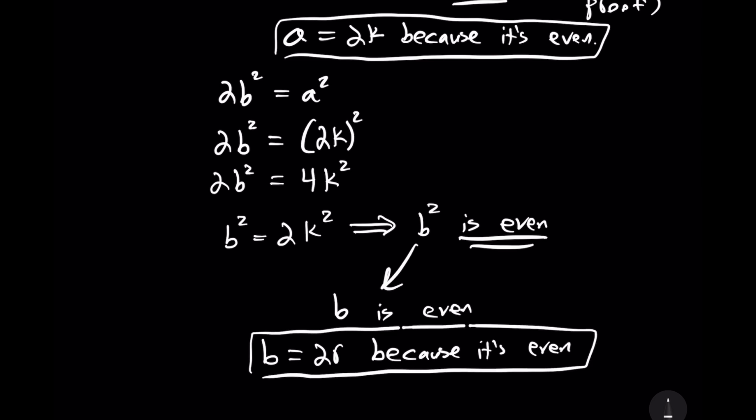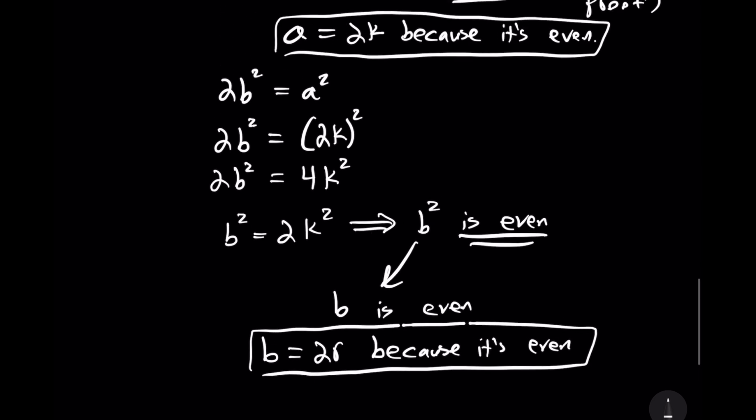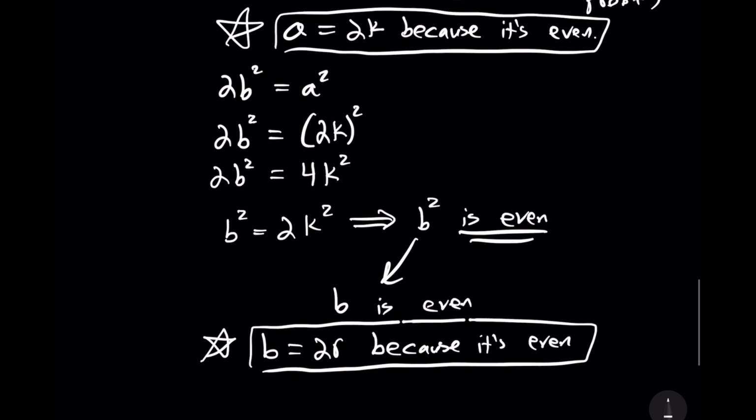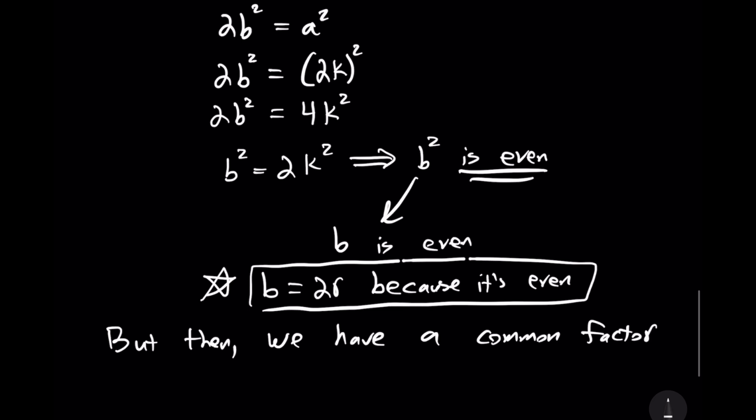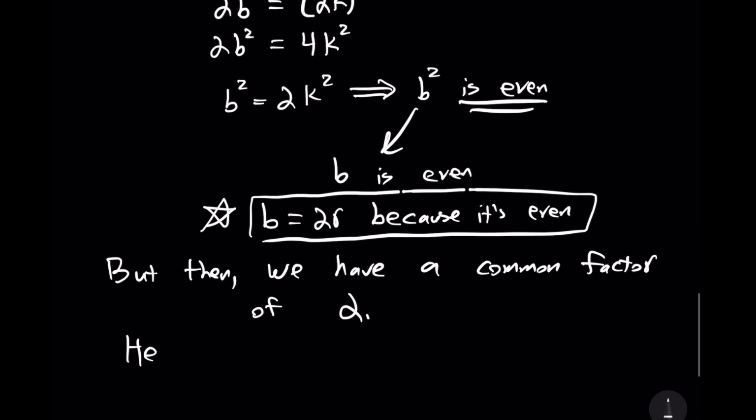That's an important note. But note here, a is even. a is equal to 2k. b is even. b is equal to 2r. But we have a common factor of 2. Hence, we have a contradiction.